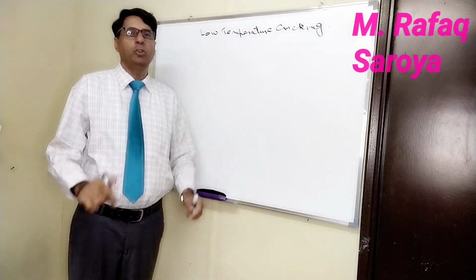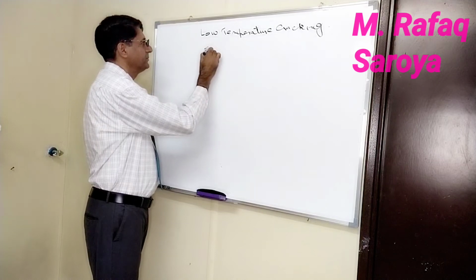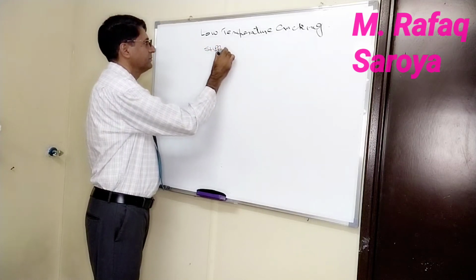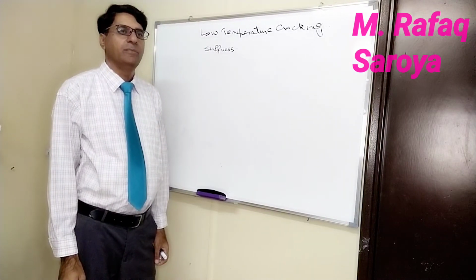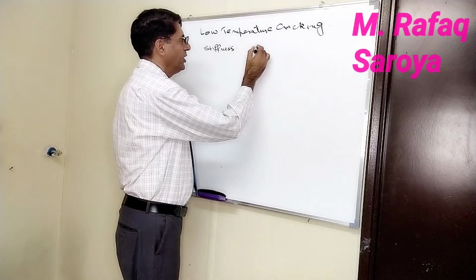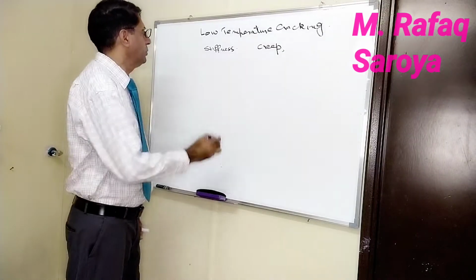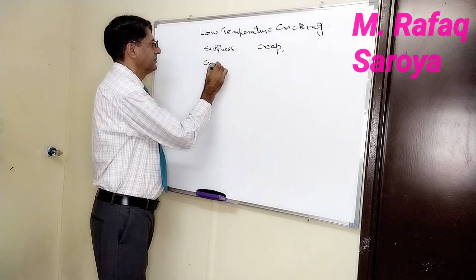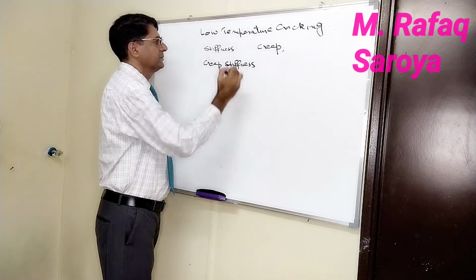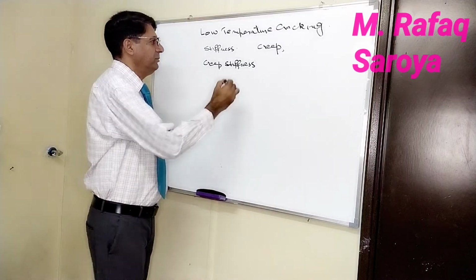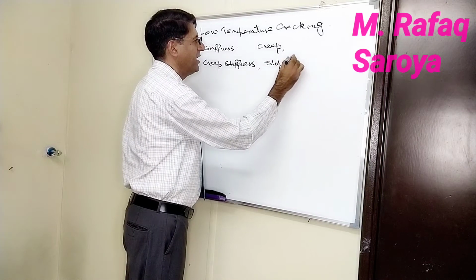For the description of this low temperature cracking, we need some definitions: stiffness, then we have to know the creep, we have to know the creep stiffness, then we have to study the slope of master curve.